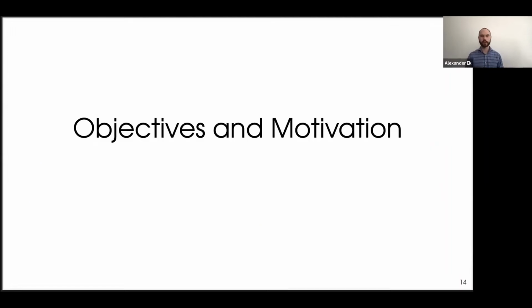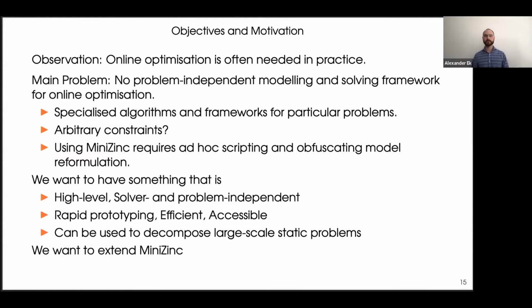Now, let's look over the objectives and motivations of the research that I'm about to dive into. So the observation: online optimization is often needed in practice, but the main problem is that there is no problem-independent modeling and solving framework for online optimization. What do I mean by that? Well, of course, online optimization has been around for a long time.